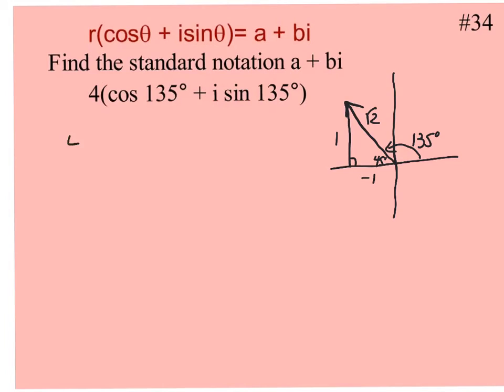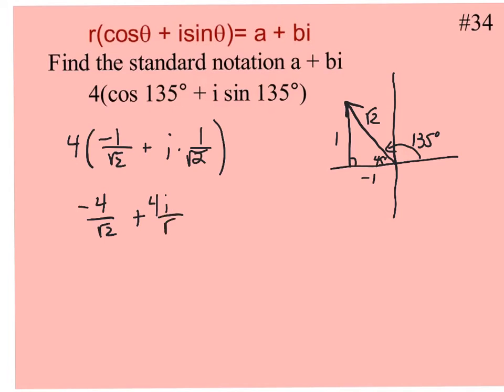So the cosine of 135 would be adjacent over hypotenuse plus the sine of 135 would be opposite over hypotenuse. Distribute to solve, and you get negative 4 over radical 2 plus i over radical 2.